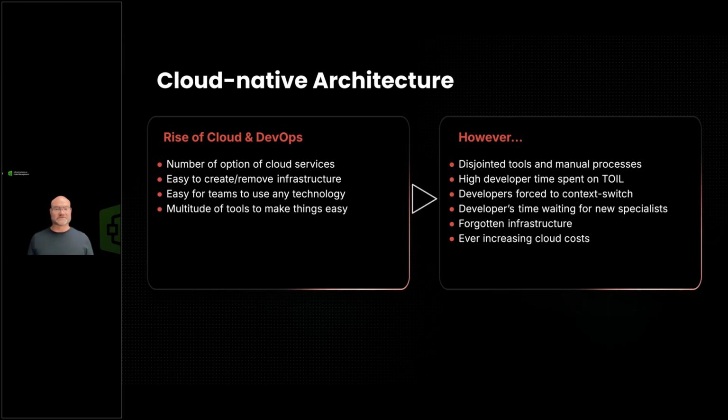Developers obviously still spend some time waiting for the new specialists, that one person who knows how to use Helm. And of course, let's not forget about the infrastructure that gets forgotten. It's just running away, ticking away somewhere, nobody really sure why. All this obviously leading to ever increasing cloud costs.